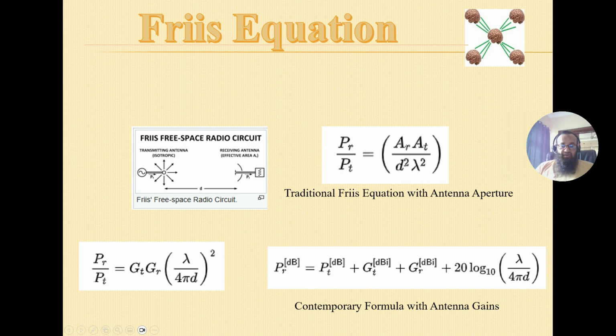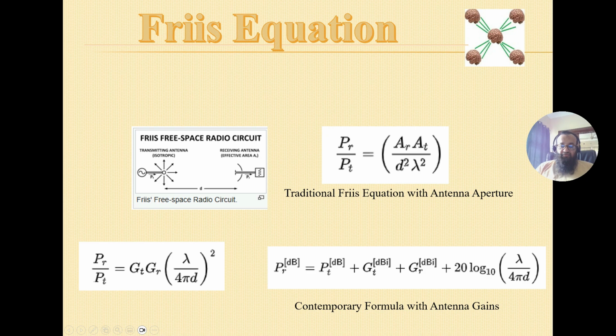So the contemporary formula for the received power uses antenna gains, and it is calculated like this: you add power transmit plus gain of transmit and gain of receive, and then there is the value of the free space loss. I will not go into detail, but the total value is basically minus from this.